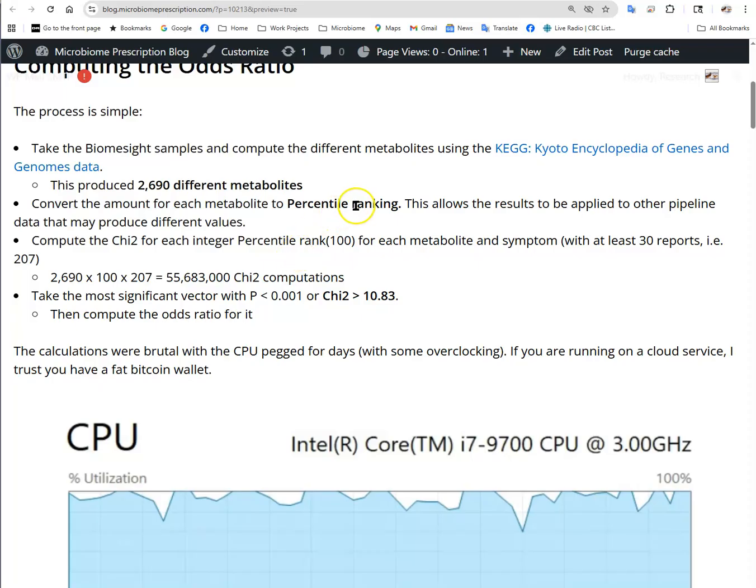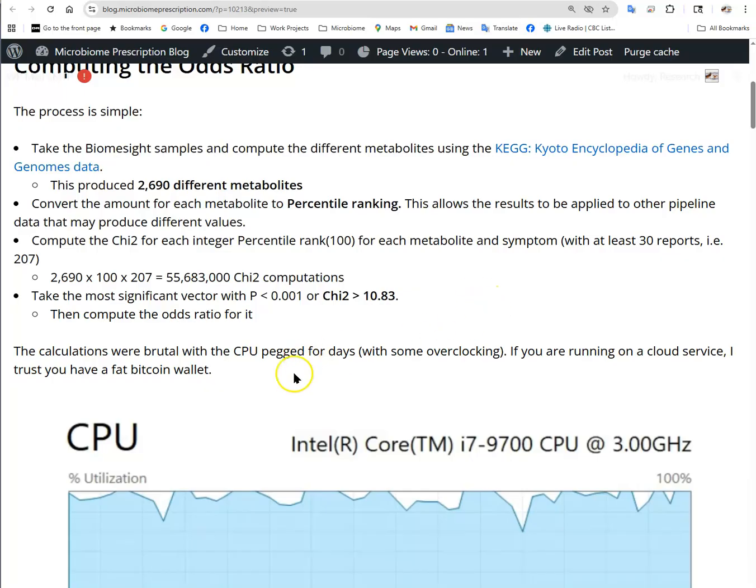Okay, now that we have percentile ranking, we calculate the chi-square for every integer percentile rank, which is actually 101, because the 101st is where nothing was seen. Often that shows up as the case, as in present or not present, being statistically significant.